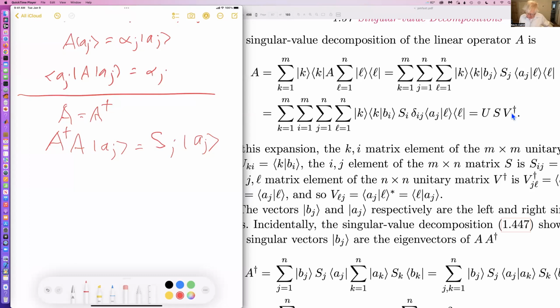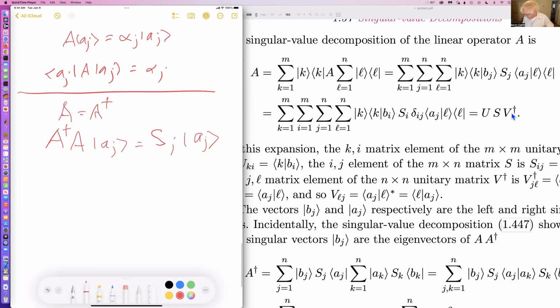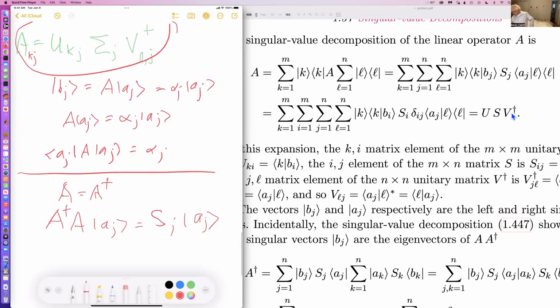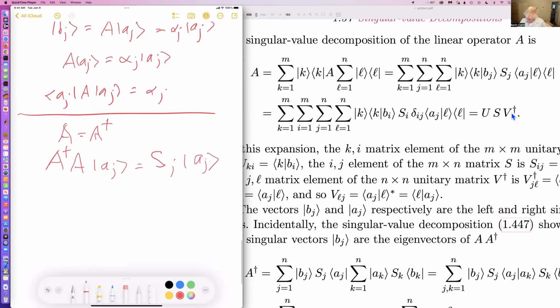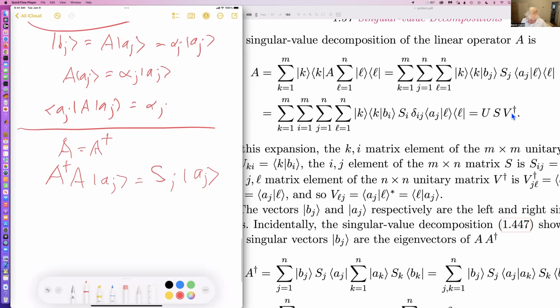The A's, the special basis in the domain space, these are the eigenvectors of A dagger A, which is automatically Hermitian. Now, if this is true, then that becomes A squared A_j equals S_j A_j.